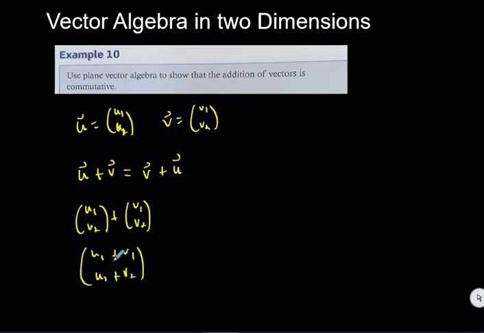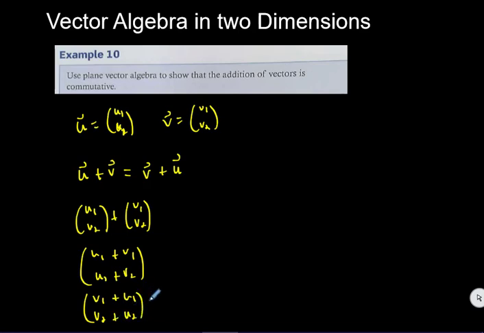Inside of here, these are two numbers being added together, and we know that numbers are commutative. 1 plus 2 is the same as 2 plus 1, so we can write them in a different order: v sub 1 plus u sub 1, and the same thing here, v sub 2 plus u sub 2.